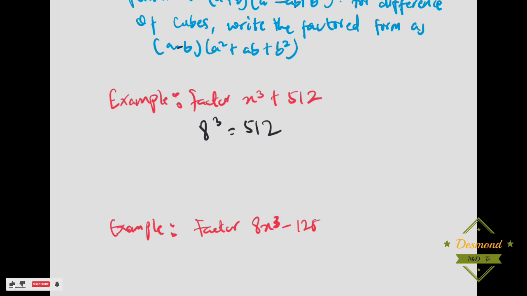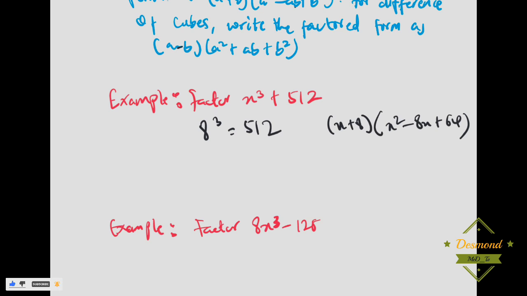And we rewrite the sum of cubes as x plus 8, multiplying x squared minus 8x plus 64. Very simple to do.